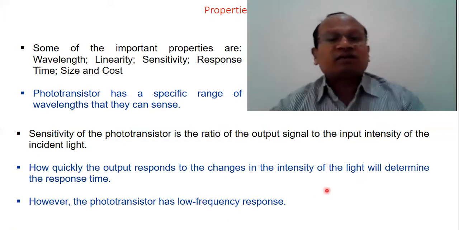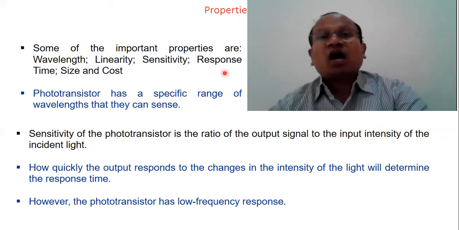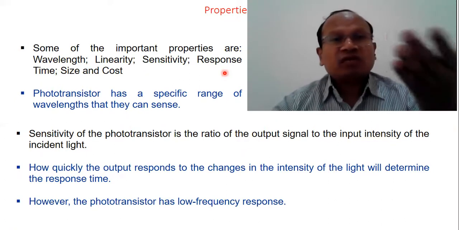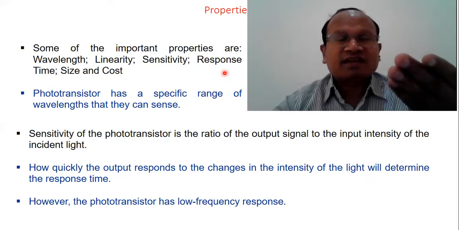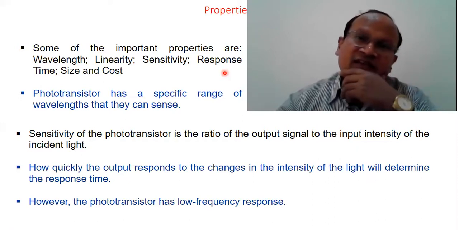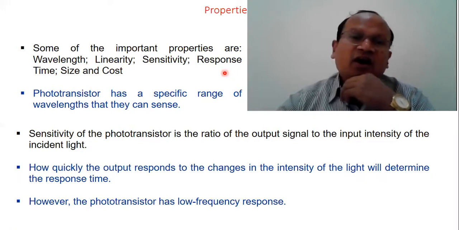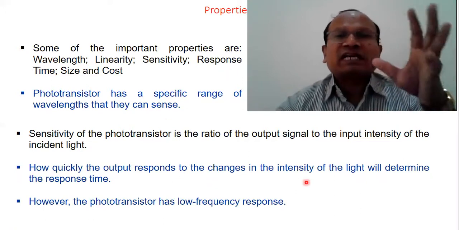Then there is another term called response time. It is how quickly it responds: when the light signal is incident, how quickly we can see the collector current starting to flow in the circuit. How quickly does the output respond to the change in intensity?